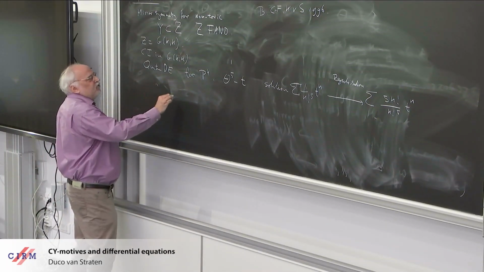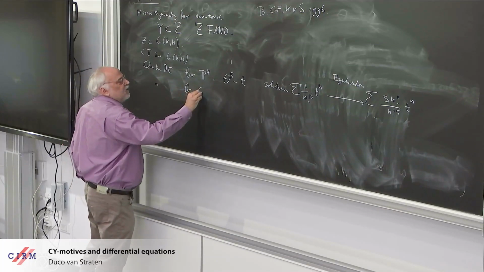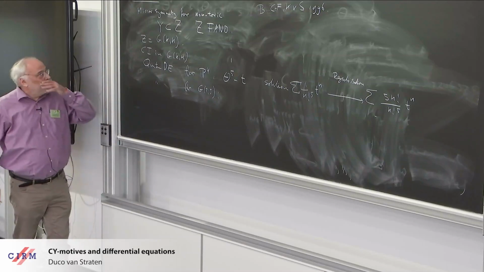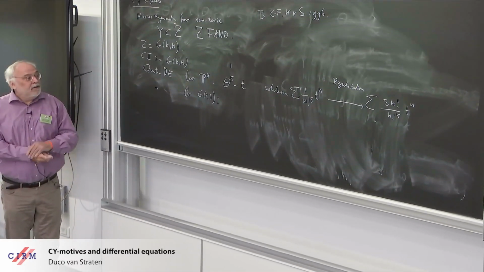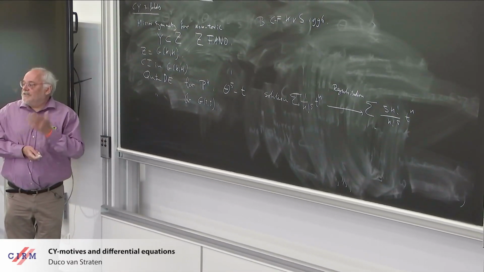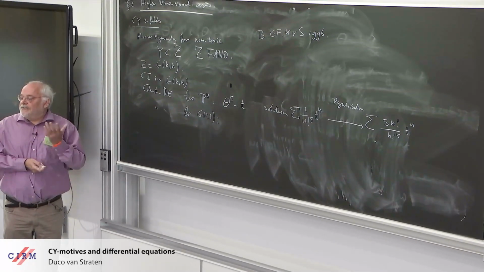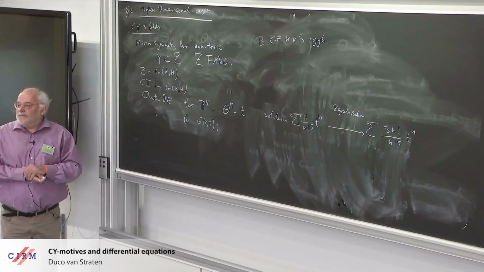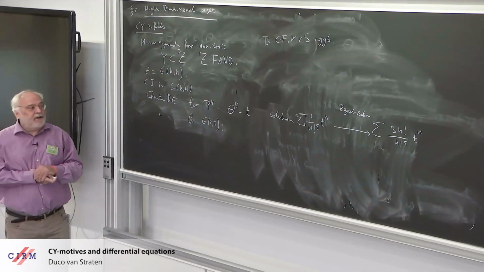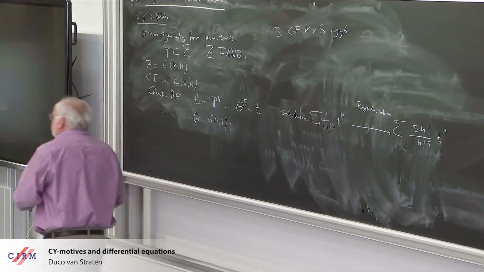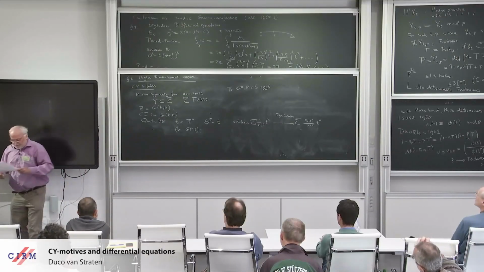The quantum differential equation for G(2,5), which we computed at that time. G(2,5) is a nice 6-dimensional manifold, and the cohomology is 10-dimensional. So it's a differential operator of order 10, and I do not know it by heart.